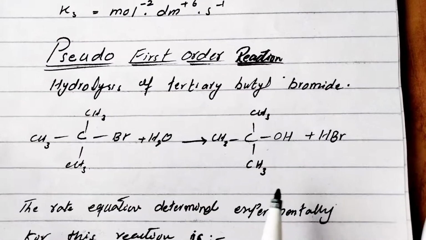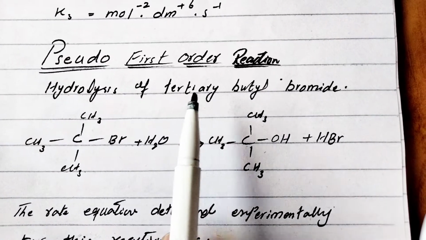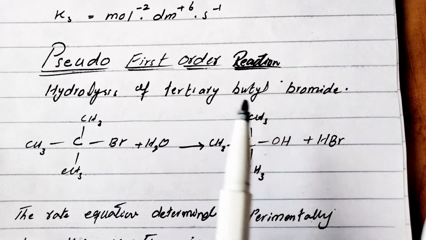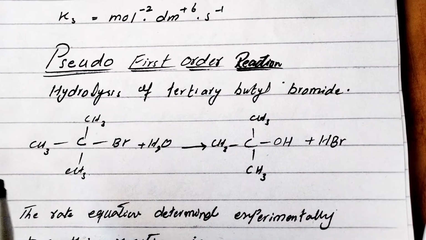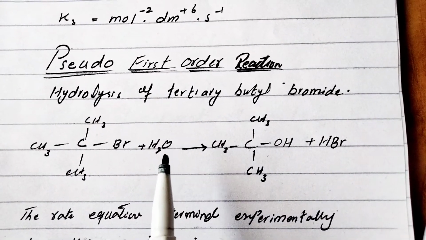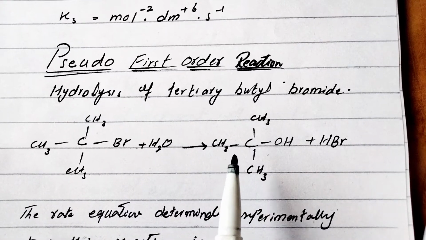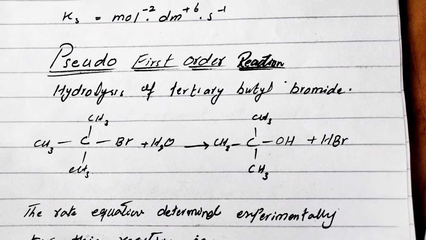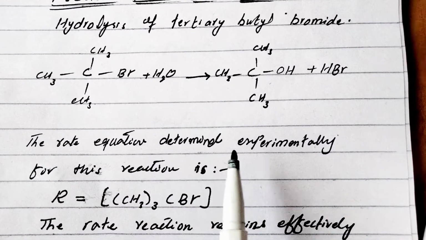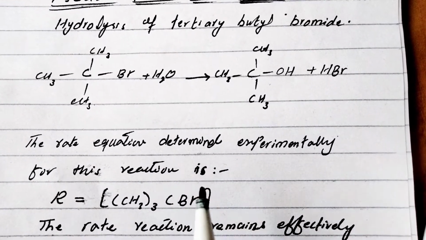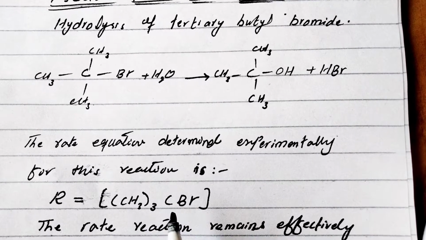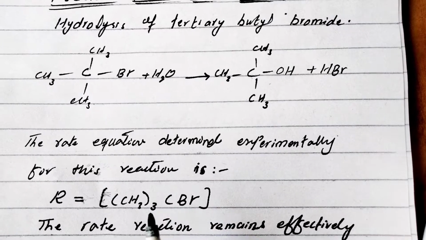Pseudo first order. Hydrolysis of tertiary butyl bromide is the example of pseudo first order reaction. It is the tertiary butyl bromide. When it reacts with the water molecule, it changes into this one product, and HBr is formed. The rate equation determined experimentally for this reaction is R is equal to K[(CH3)3CBr].